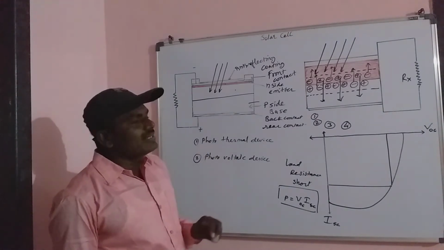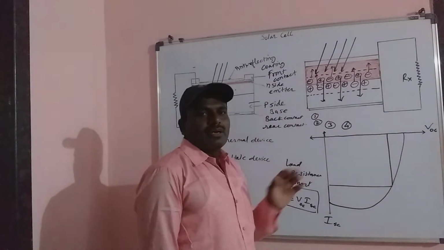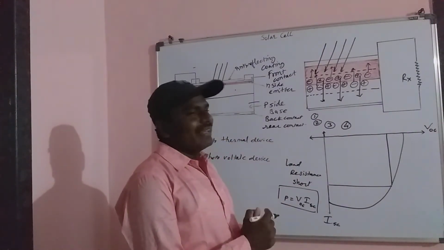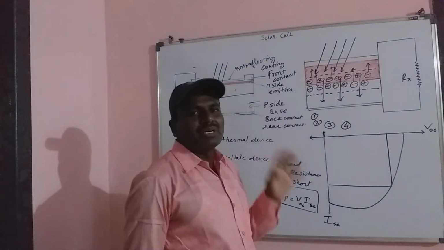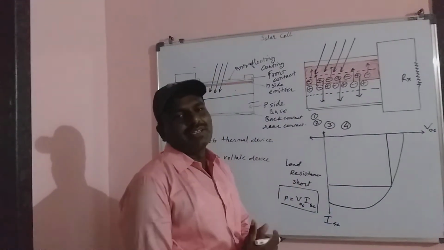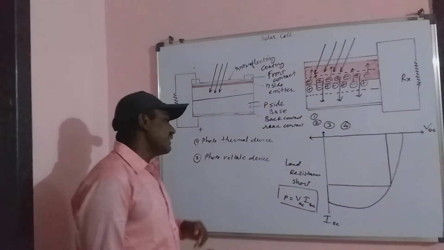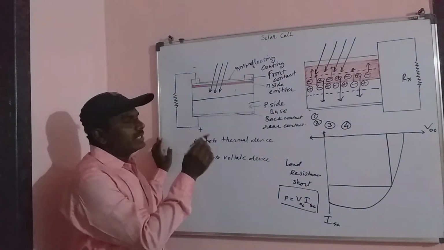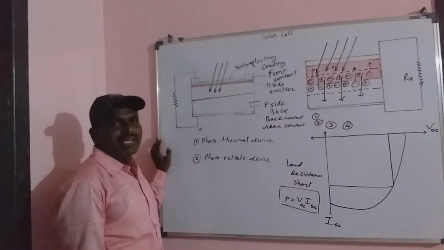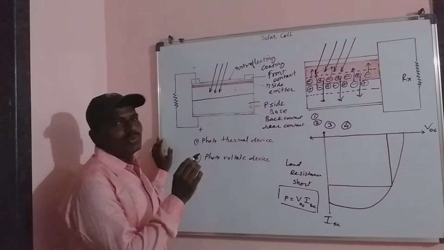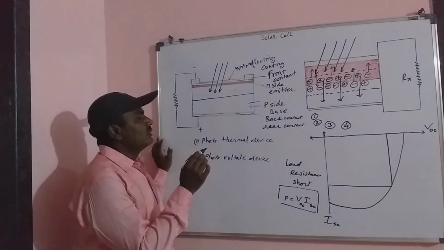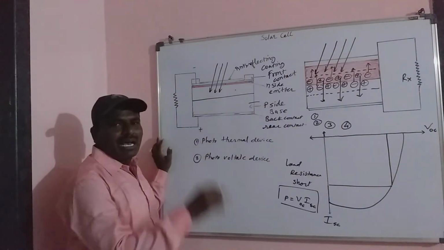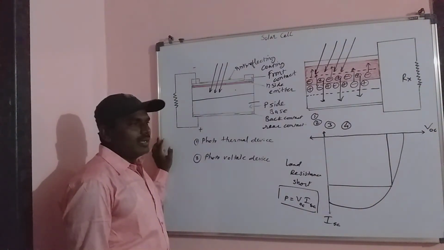Now we can see the criteria for selection of material for the solar cell. The material must be available everywhere.